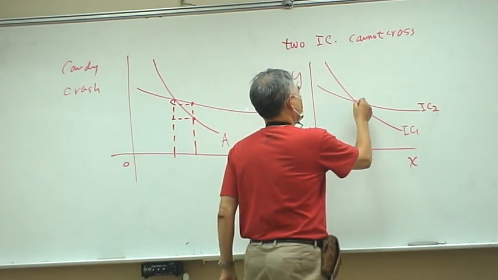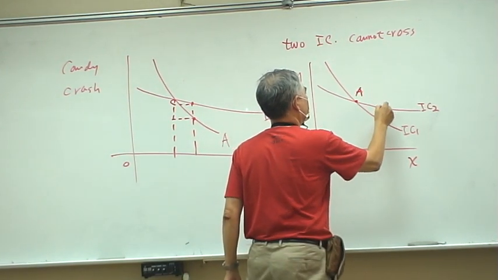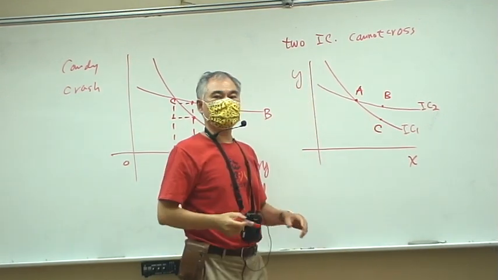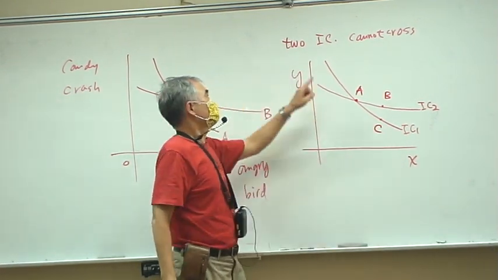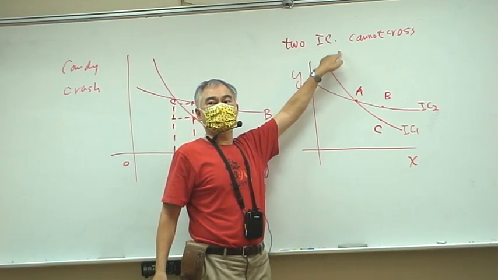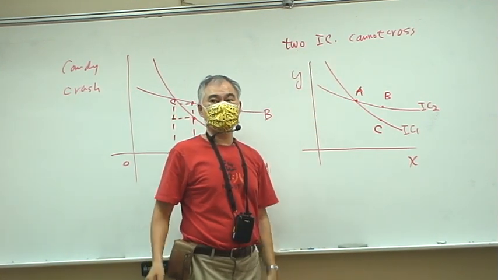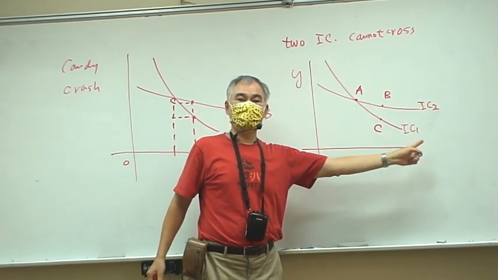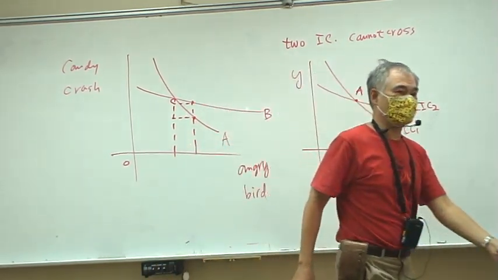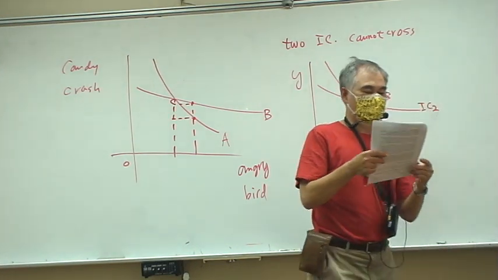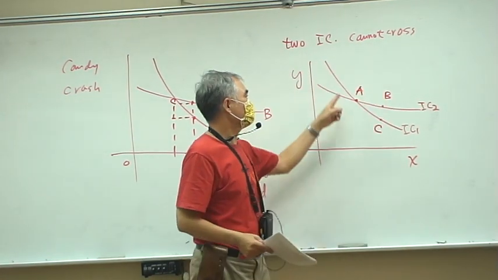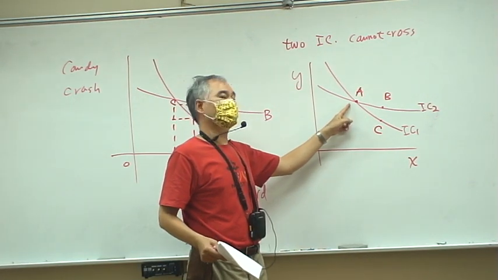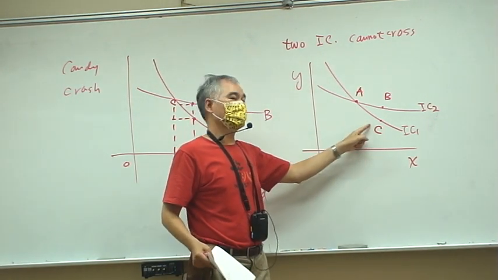Let's assume this is point A, here is point B, here is point C. What I'm going to show you is that two indifference curves cannot cross. So this is indifference curve 1, right? According to this indifference curve, what is the relationship between the utility of A and the utility of C?